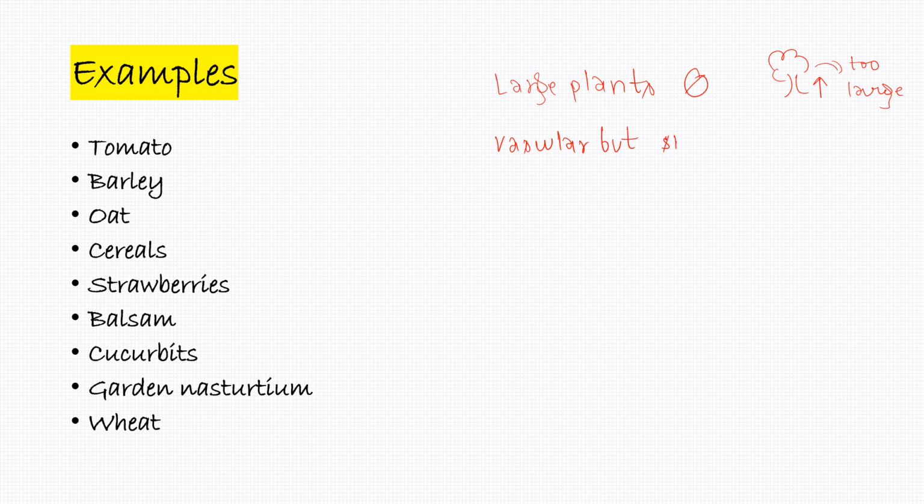It is found only in small vascular plants like tomato, barley, oat, cereals, strawberries, balsam, cucurbits, garden nasturtium. This is the one we discussed earlier. And the last one is wheat.